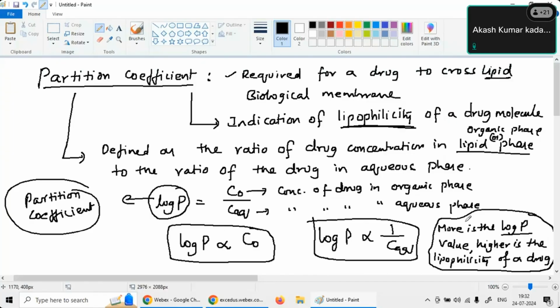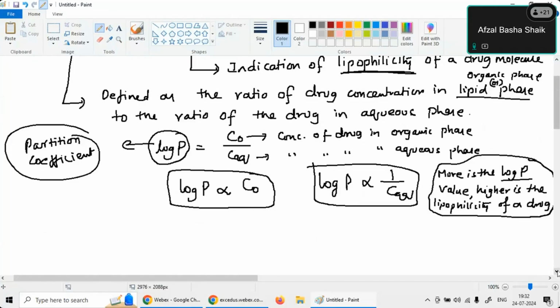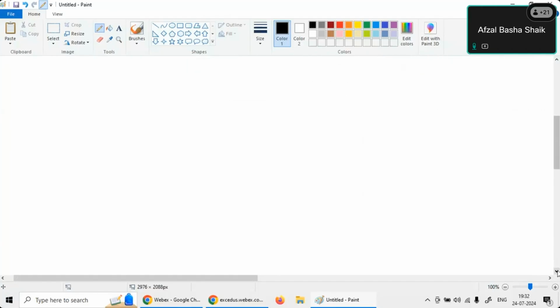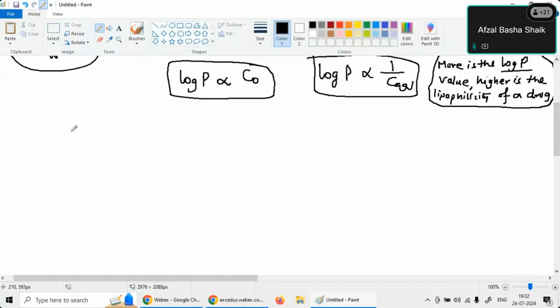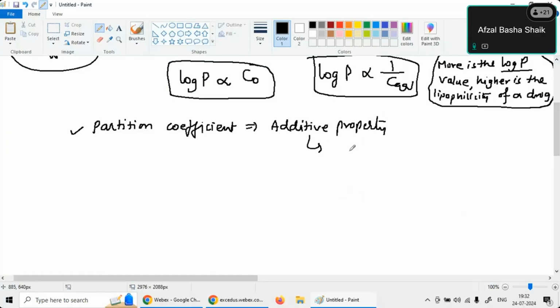Right. Can we say partition coefficient is an additive property? Yes, because it is an additive property. Why?